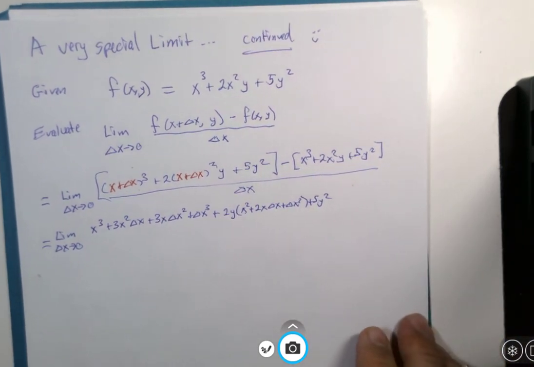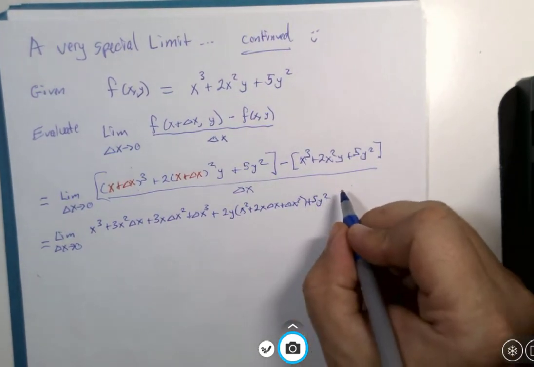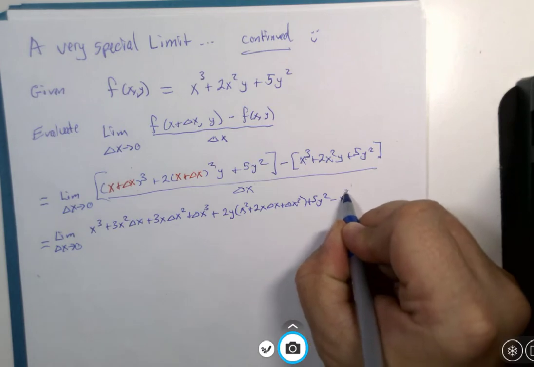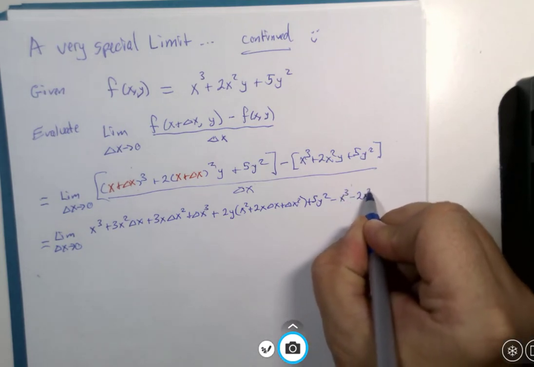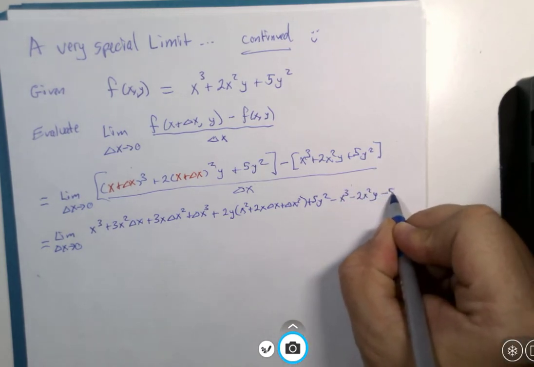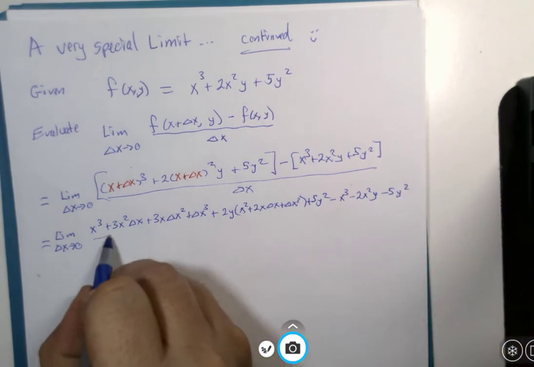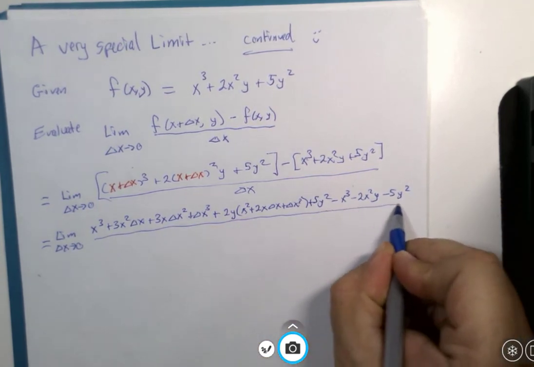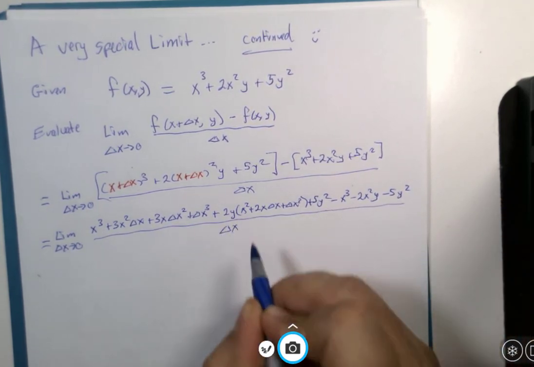Now let's see if I can get it to fit on the paper. Minus x cubed minus 2x squared y minus 5y squared divided by delta x.